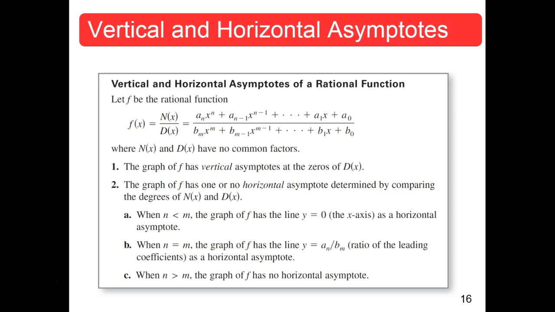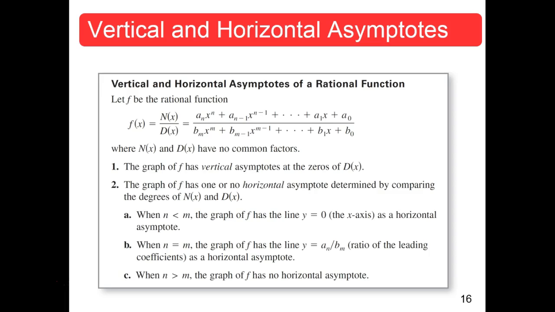Well, that's going to produce a horizontal asymptote of y equals 0, because you're going to have a number, just like we did before, over something with x in it. And that's going to go to 0 as x is very large, positive and negative. So when n is less than m, the graph of F has the line y equals 0 as a horizontal asymptote.